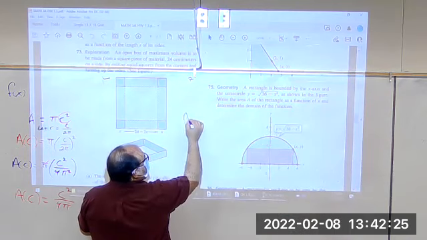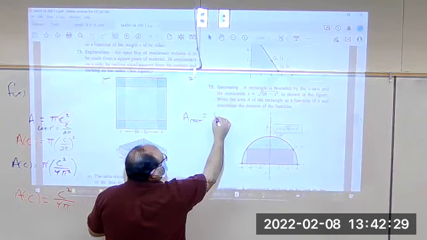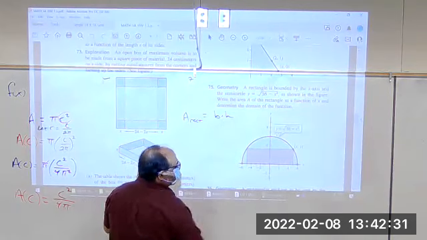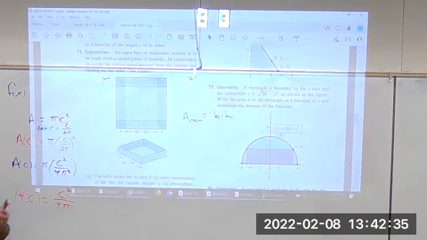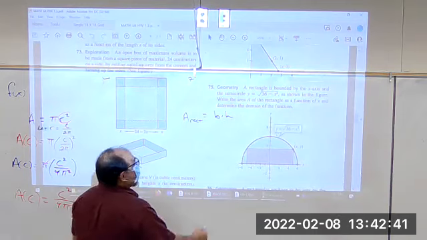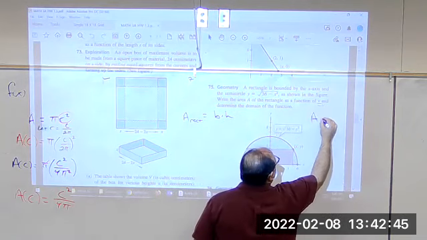Well, first of all, the area of a rectangle is equal to base times the height. That's the area of a rectangle. Let's start with the base of this rectangle, now as a function of x. So we're looking for A of x.